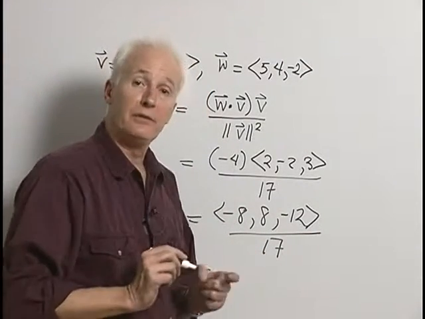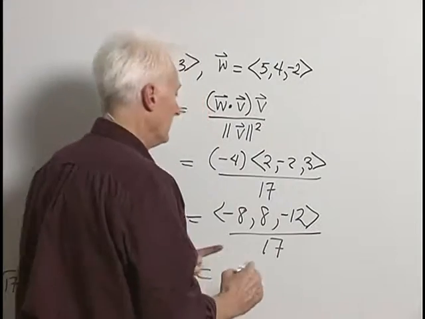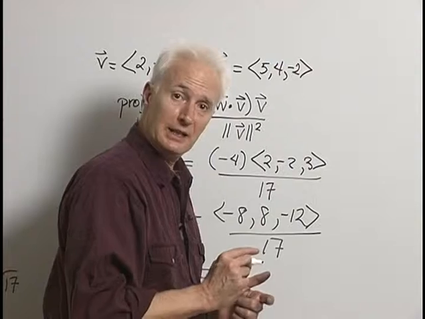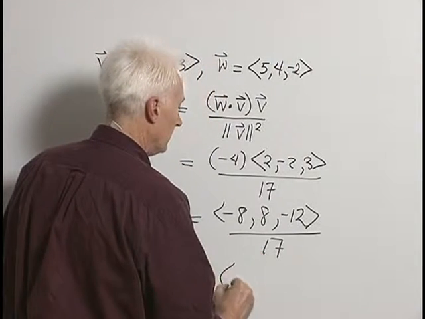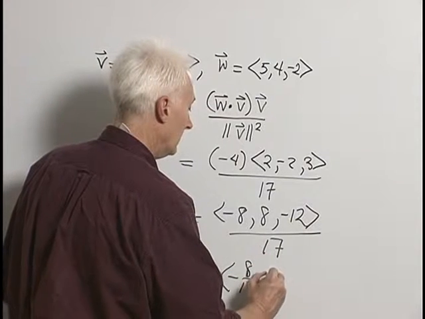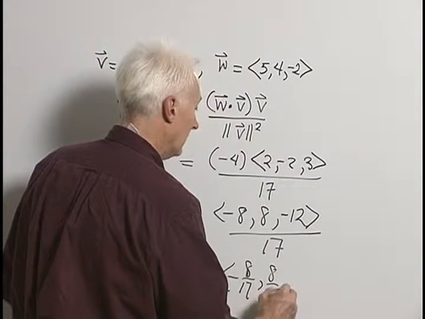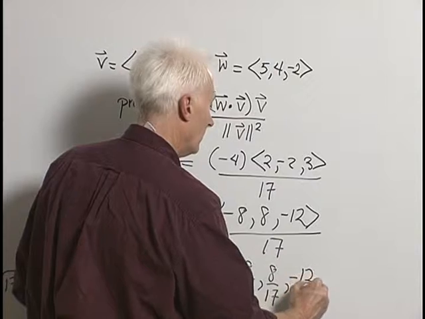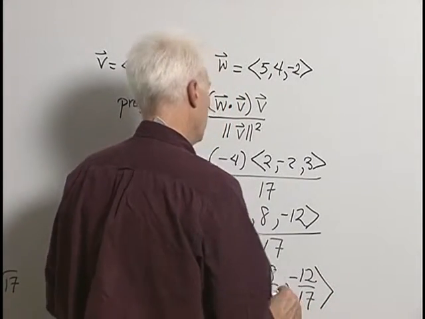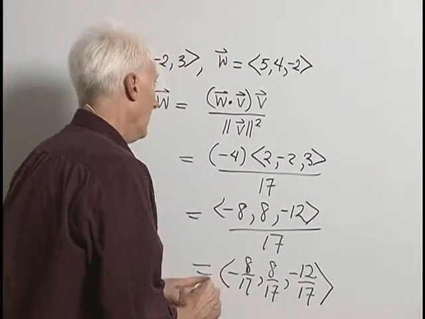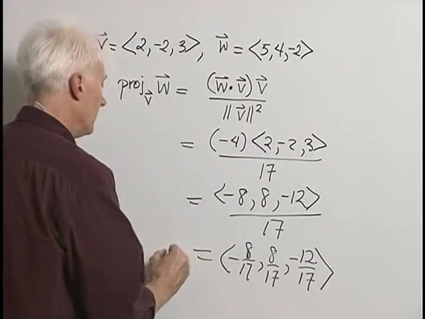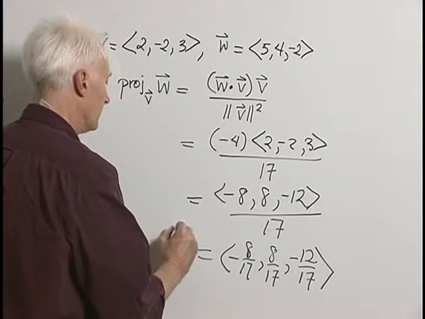And likewise, to divide a vector by a scalar, just divide each component by that scalar. Remember, it's really multiplying by a 17th. So this is negative 8 17ths, 8 17ths, negative 12 17ths. And so that's the projection of w onto v. Well, let's call this w1 for short.